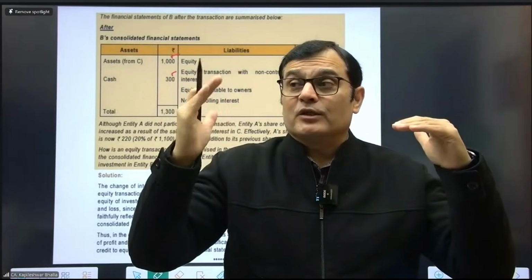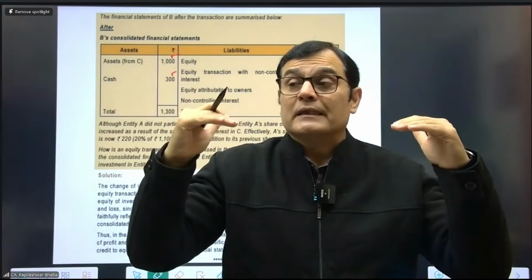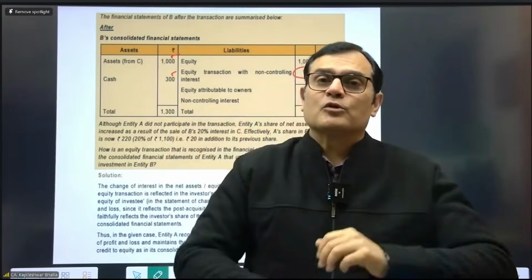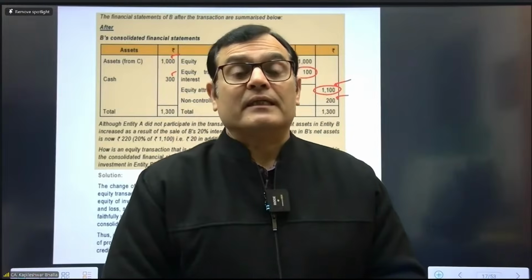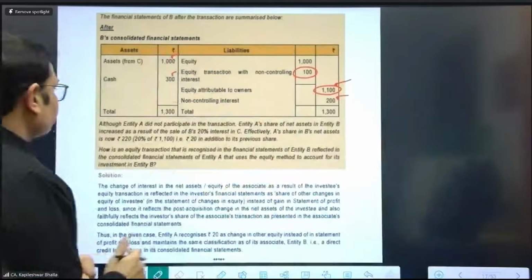The associate company did not earn a profit in the OCI, but the associate company made a transaction in which the equity went up. And therefore, I would also put the entry investment debit to the extent of my share in that 100, that is 20, and the corresponding credit will be mirror accounting. Since he credited equity, I will also credit equity as an investor.